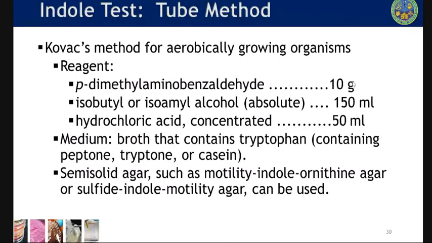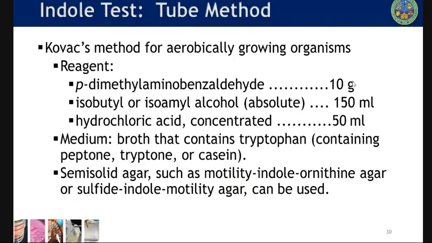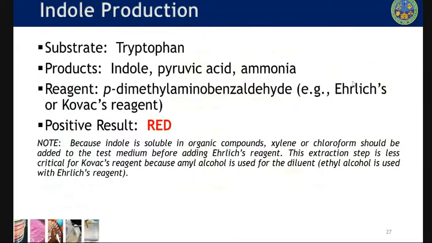For Kovac's, you may make use of isobutyl or isoamyl alcohol, but for Ehrlich's, you make use of ethyl alcohol, and then you need an extraction component, that of xylene as well. May I just clarify? I think I have interchanged what I've been telling you a while back. It is better to make use of Kovac's rather than Ehrlich's, since Ehrlich's makes use of an extraction procedure. I'm sorry, it's the other way around. I'm sorry for that.